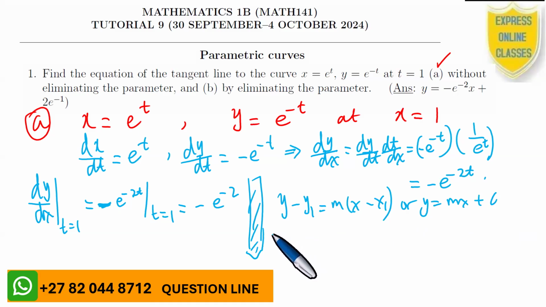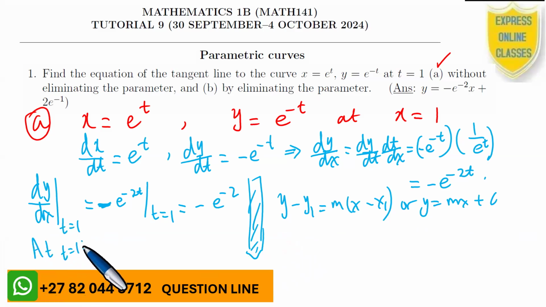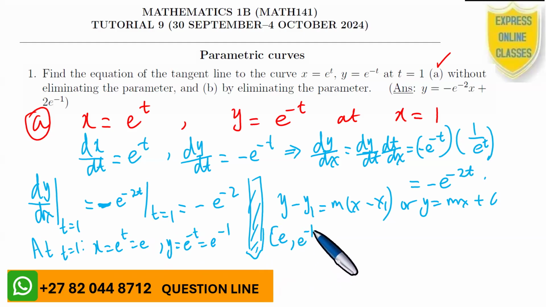Now, at t equals 1, x is e to the t, which is e, and y is e to the minus t, which is e to the minus 1. So you have the point e together with e to the minus 1.